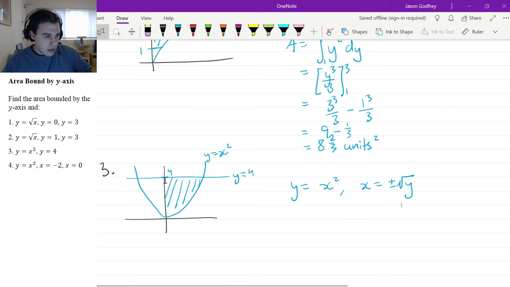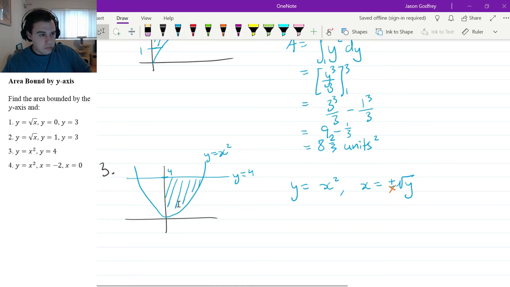However, because we're bound by the x-axis and we're just looking for this bit here, this bit here is the positive root y bit, and that bit there's the negative root y bit. So we're actually only looking at the positive half of root y, right?